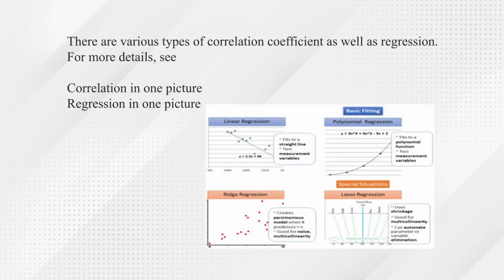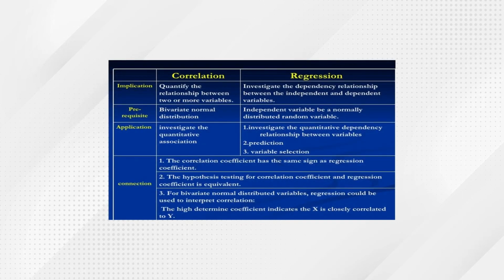So we have seen how things are there. This correlation and regression comparison is very important, because if you want to start the process of regression, you have to start with correlation. The implication is to quantify the relationship between two or more variables and investigate the dependency relationship between the independent and dependent variables.